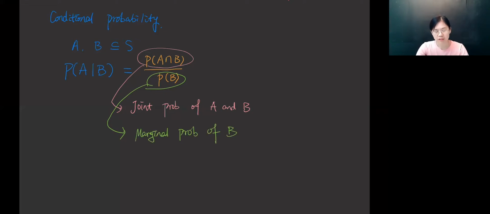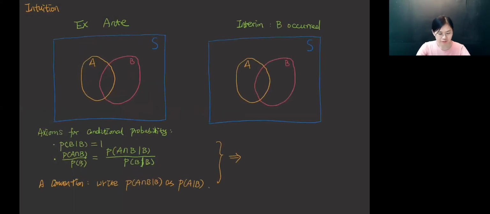Now, why is conditional probability defined in this way? We can try to get some intuition by looking at the Venn diagram. Now, suppose that ex ante, before any information is released, this is the Venn diagram that describes the relationship between A and B and also our sample space S. Now there is no information, so any outcome in the sample space S is possible.